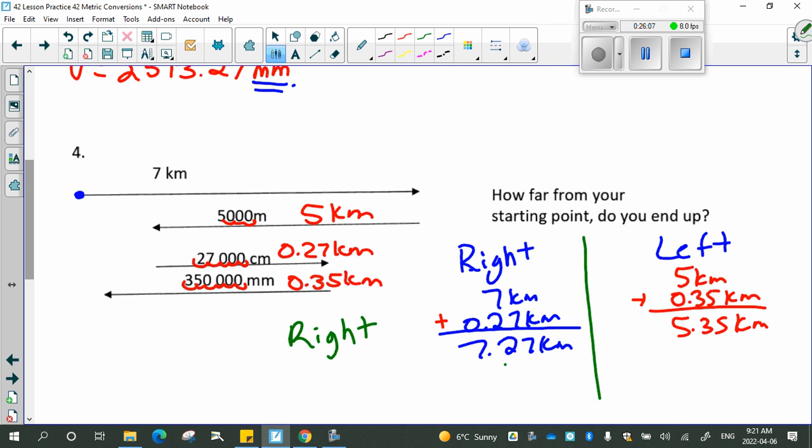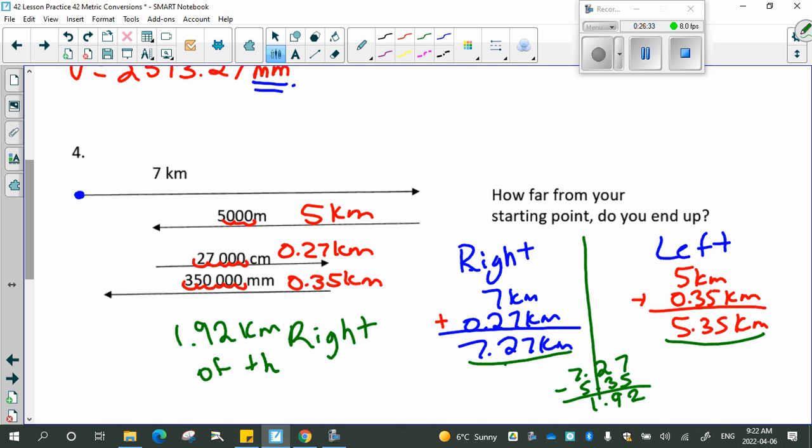No, this is how far we went right, but we also went this far left. So how do I figure out how far right I ended up from the beginning? Subtract them. Awesome. So 7.27 subtract 5.35 is 1.92. So they're going to be 1.92 kilometers right of the starting point.